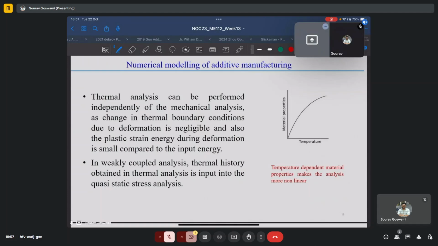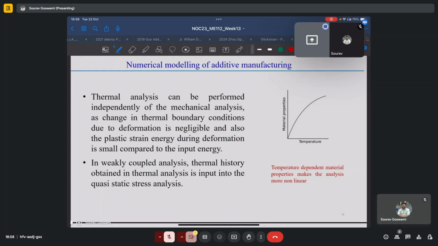Again, a very simple analysis can just use constant material properties, whereas a more realistic or a high fidelity model will actually incorporate temperature dependent properties. Because we know that almost all the critical material properties, starting from the density to the specific heat capacity to thermal conductivity, all are dependent on temperature and can vary over a wide range based on the temperature ranges we are working in.